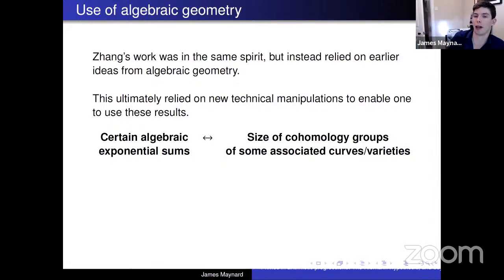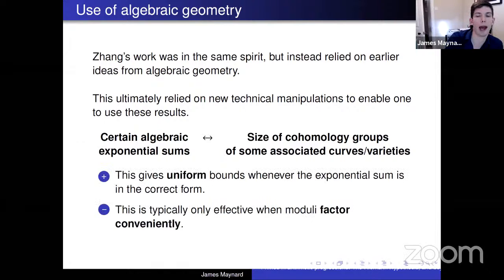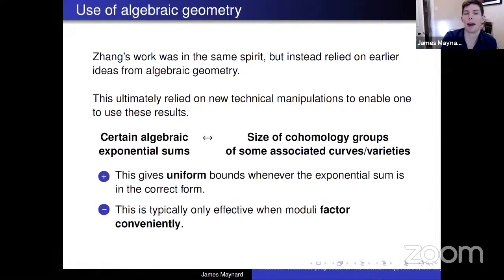And then if you understand questions like the Riemann hypothesis for the associated curves and varieties, then you can get good estimates on the cohomology groups, which allow you to get good bounds for these exponential sums. And then you can feed that into the Fourier analytic argument to handle different ranges. Again, these estimates have certain advantages and certain technical disadvantages.